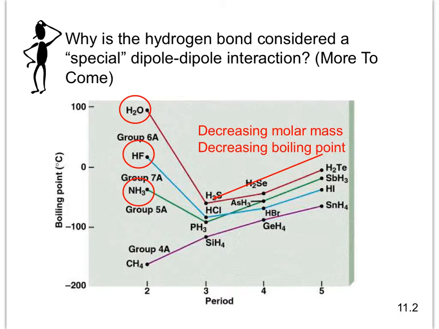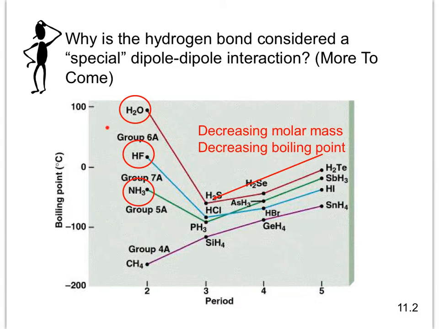And as you see, in general, over here, as molar mass increases, so as we go from carbon to silicon to germanium to tin, molar mass is increasing, boiling point increases. As we go from phosphorus to arsenic to antimony, boiling point increases. As we go from sulfur to selenium to tellurium, boiling point increases normally.